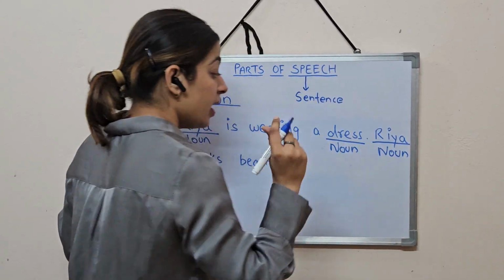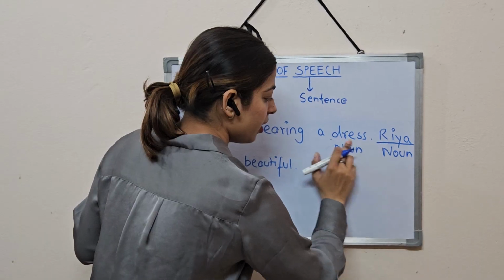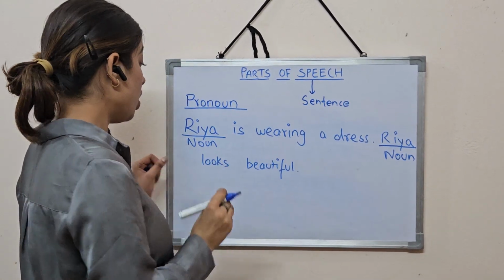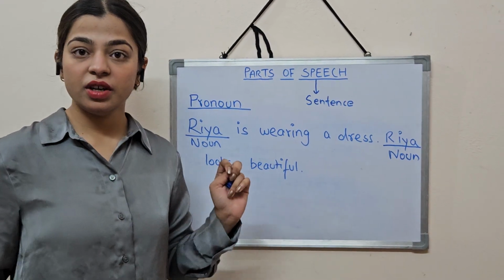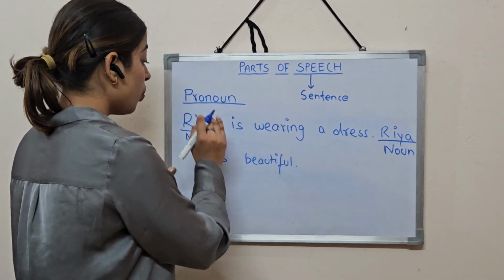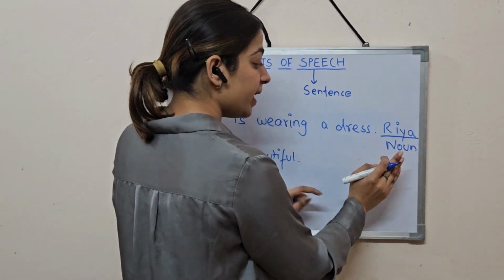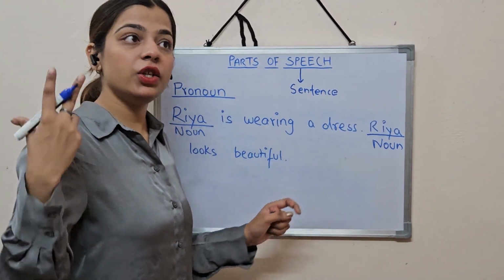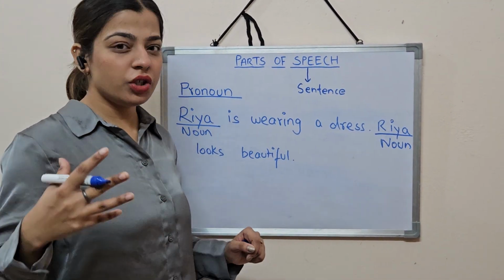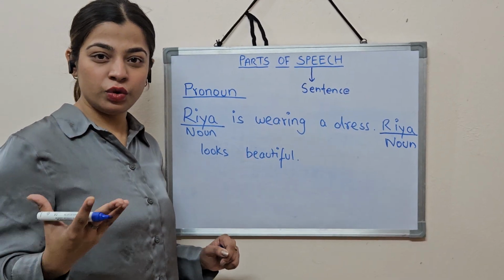Now, again, let me raise this one. Okay. So, is it appropriate to use the same word again and again? No, right? So, what do we do? We have to replace this Riya with another word. Well, I used he for Ram. What should I use for Riya?